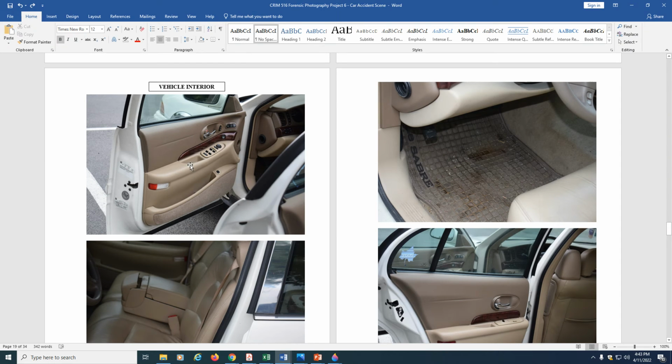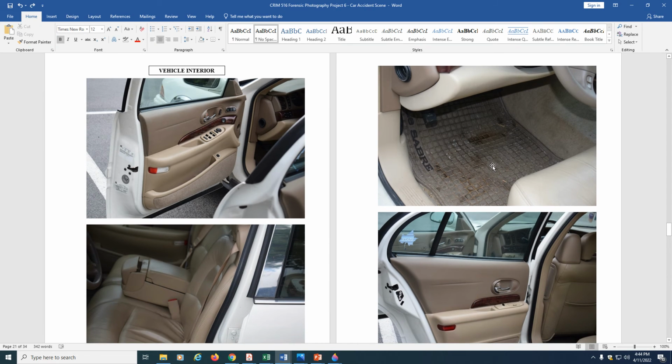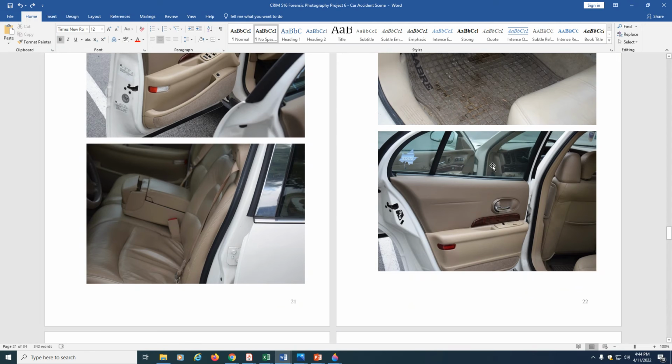Once you've done that, then you can do like we talked about with documenting the interior. Not necessarily damage or evidence yet, just simply documenting the interior. Door panel, seat, floorboard, for all 4 areas, or if you happen to have a vehicle that only has 2 and has a back seat, same kind of concept.